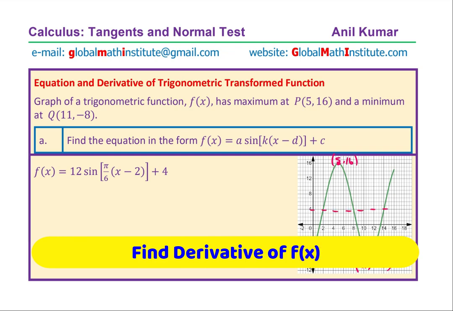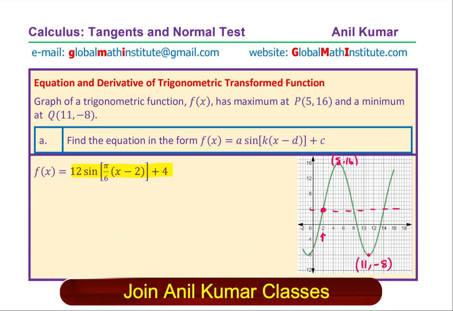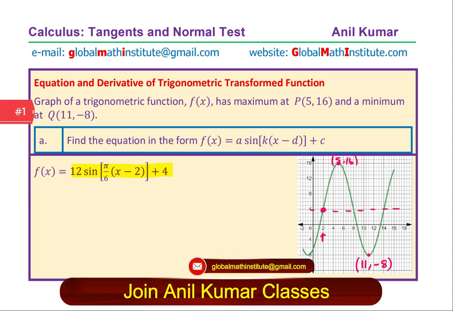And that is the point which is at 2, correct? So we have this equation which is f of x equals 12 sine pi by 6 times x minus 2, plus 4. Now let's find the derivative for this function, right? So we have the equation. Part B was to find the derivative. So let's do part B.